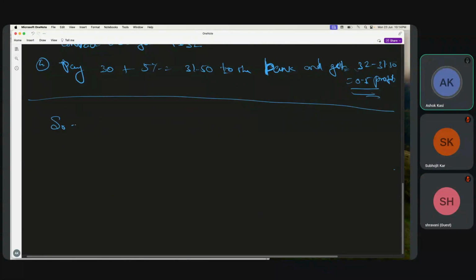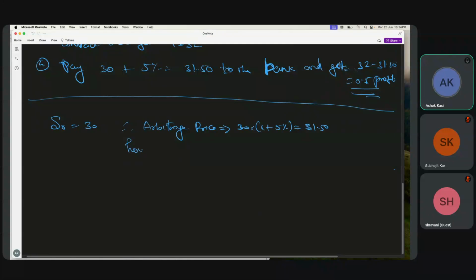spot is 30, therefore the arbitrage price is 30 into 1 plus 5 percentage, that is equal to 31.50.